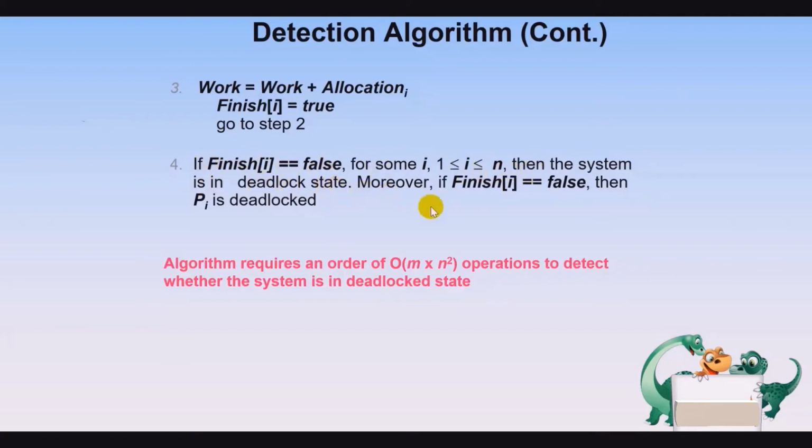Moreover, if Finish[i] is false, then Pi is in deadlock. The algorithm requires on the order of O(m times n squared) operations to detect whether the system is in a deadlock state. This is the big O notation from data structures.